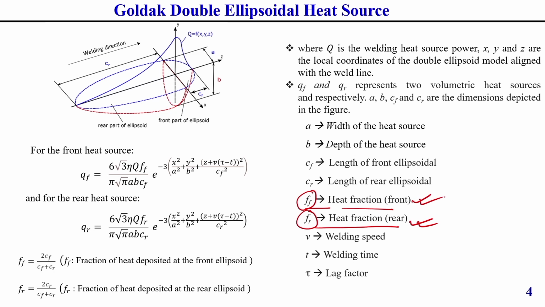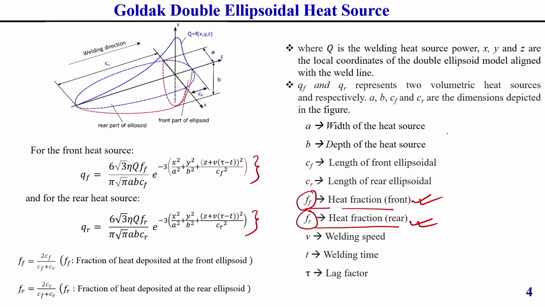Keep this in mind. Based on these things, this double ellipsoidal heat source has two parts: one represents the front portion of the ellipsoid, another represents the back portion. How it comes, I will discuss everything in detail.